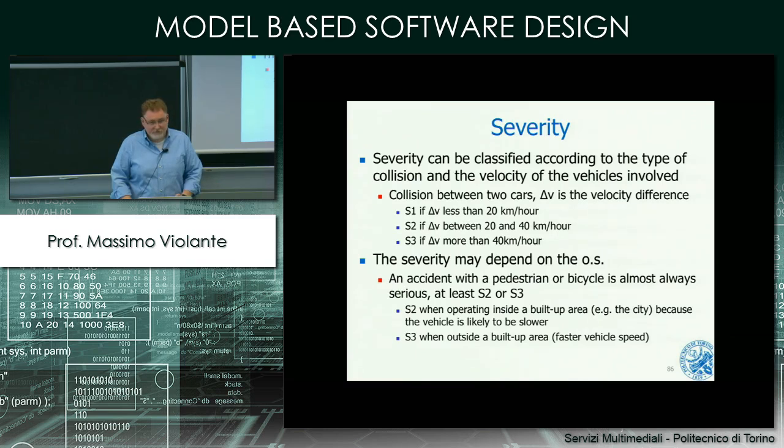Okay? Is this clear? So don't take this as written in stone. Always put the scenario in the proper context. If it is inside the city but at high speed, the severity is higher. If it is outside the city but at low speed, the severity is lower. Okay?